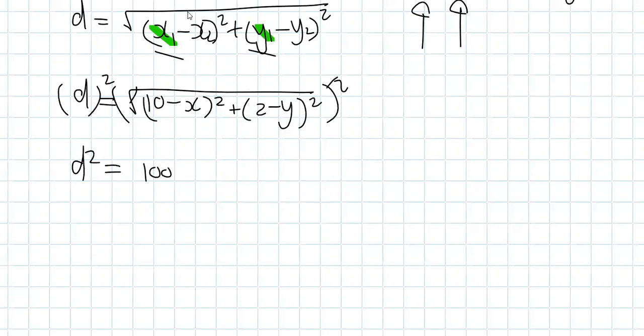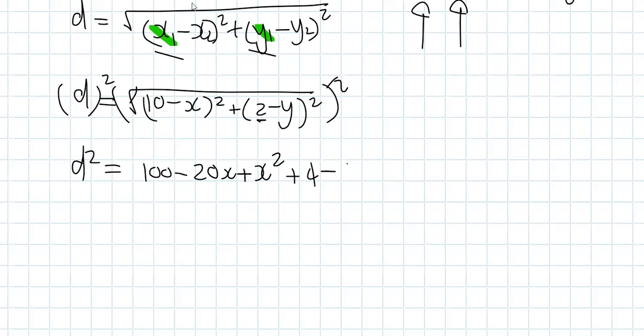There's a 2 in the middle, so 2 times 10 times minus x is minus 20x. Minus x times minus x is plus x squared. Then plus 2 times 2 is 4. Minus y times 2, there's 2 of them, times 2 is minus 4y.